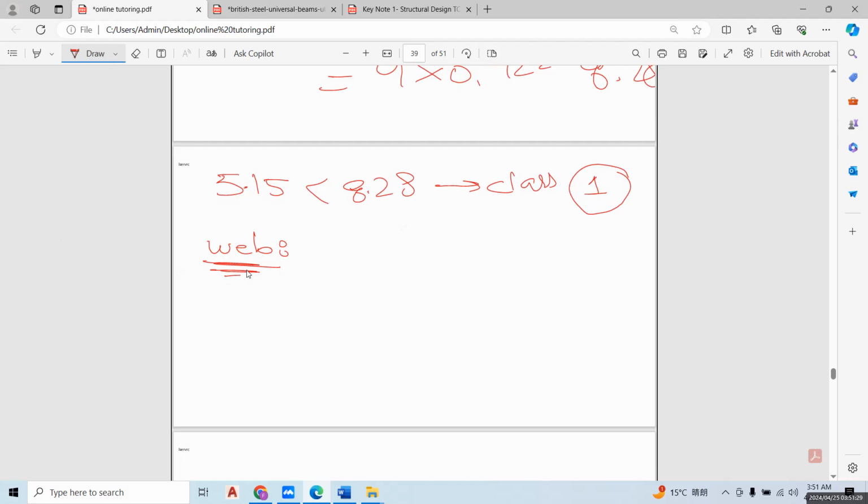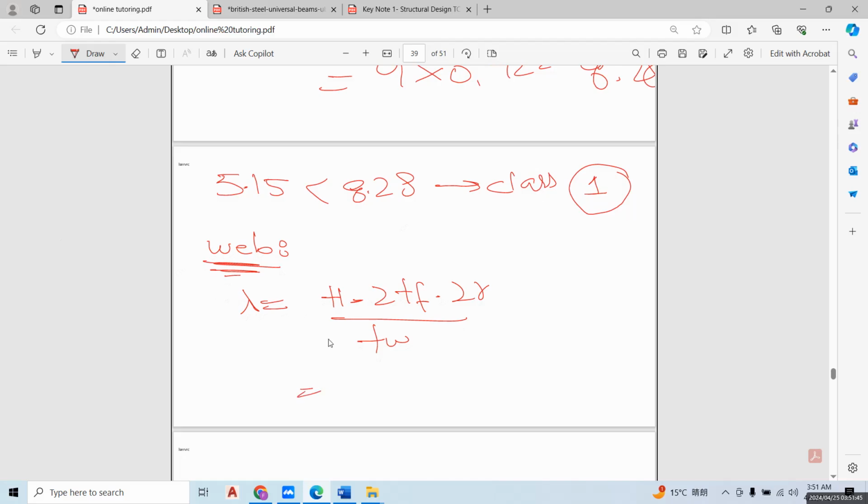The formula for the web is height minus 2 times thickness of flange minus 2r, divided by thickness of web.